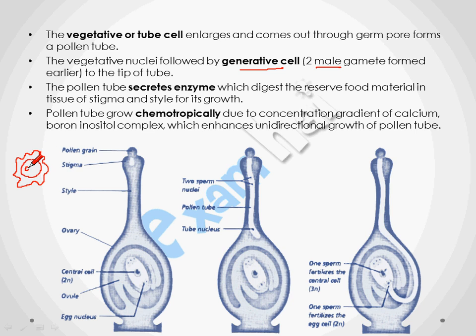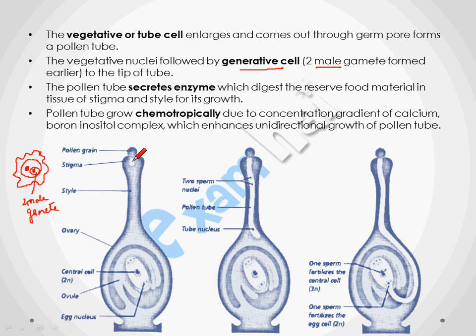It contains the vegetative and the generative nuclei. The vegetative nucleus helps in the germination of the pollen tube, and the generative nucleus has two male gametes. The two male gametes are released through the pollen tube.